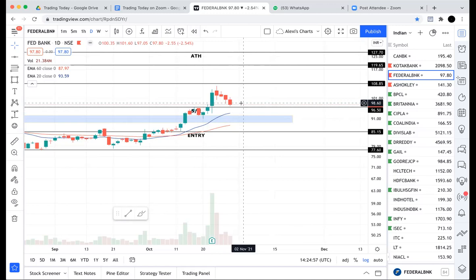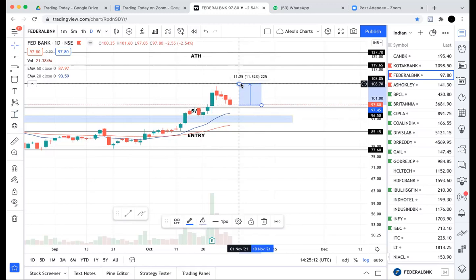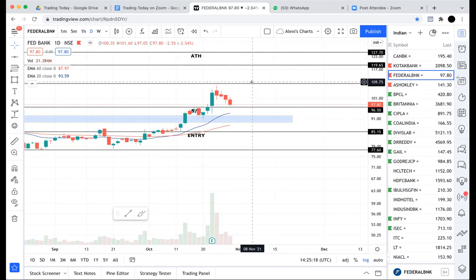As soon as it retraces and goes back up, I see a bullish candle, then I would enter somewhere around this place, or a little bit higher, and I would try to take about 11% profit. See, 11.52 right there. I would take that 11% profit and get out at this level of resistance.